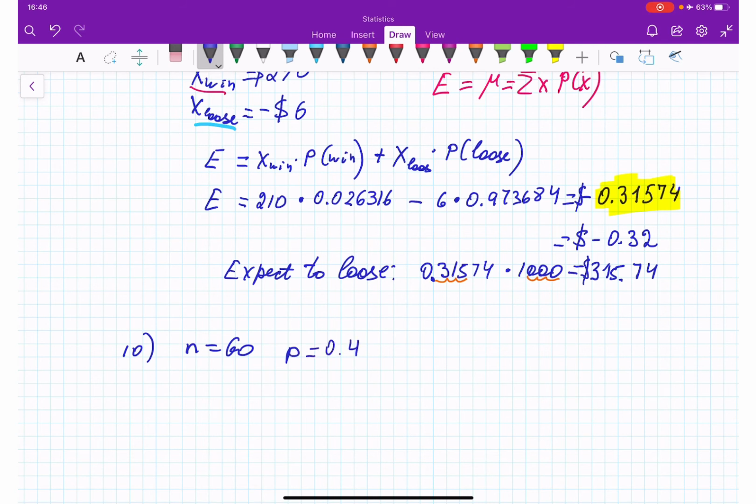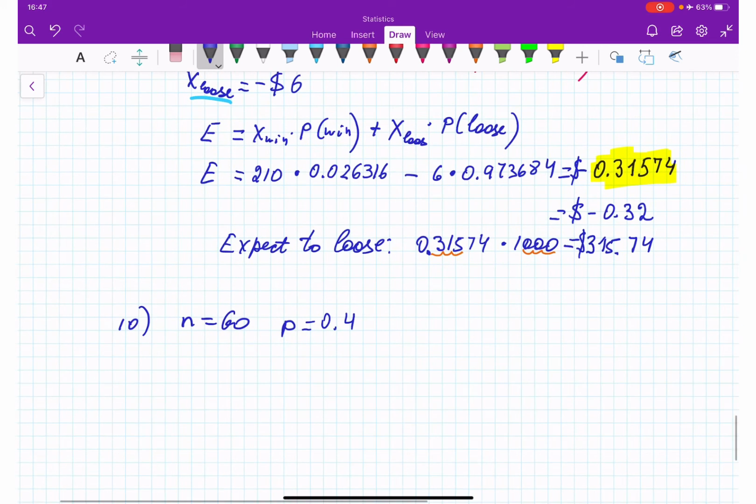If we have p equal to 0.4, then q we can find out is 1 minus 0.4, which is equal to 0.6, yes? Okay.